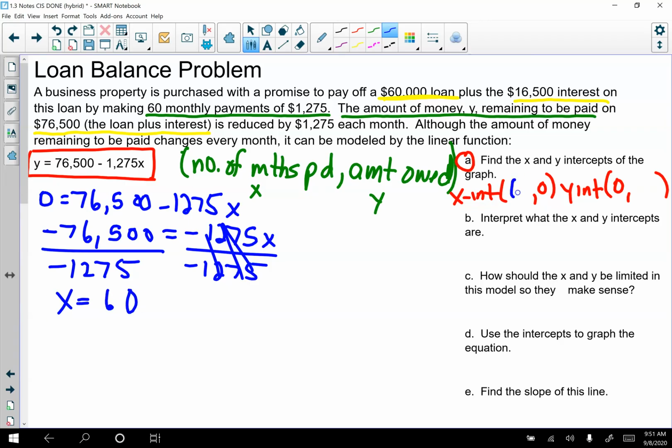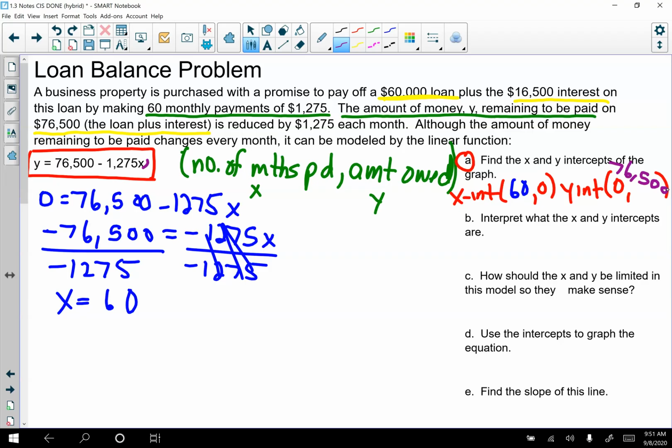So I'm going to put the 60 right here. That is the x-intercept. In order to find the y-intercept, I'm going to put a 0 in for x. So if I put a 0 here, it's pretty simple, right? This whole term here is 0, and I'm left with the 76,500. So those are my x and y intercepts. This is the work I would show to get there.